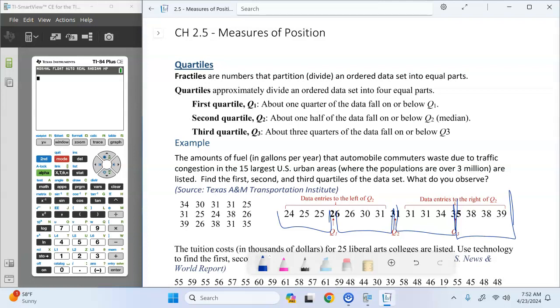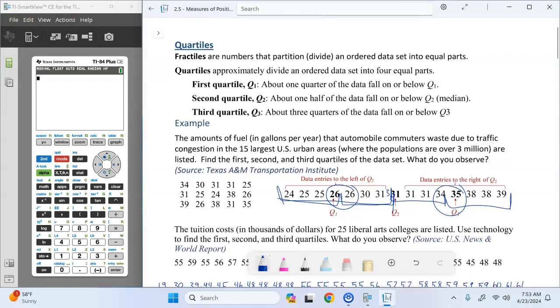So if I had another 31 here, okay, my quartile 2 would still be 31, but then I would be looking at splitting these numbers. So I would have to group 4 and 4, and then find the average for quartile 1 there. And then I would have 4 and 4, and find the average for quartile 3 there. Does that make sense? Split the data, and then we see what's left, and we just keep splitting it.